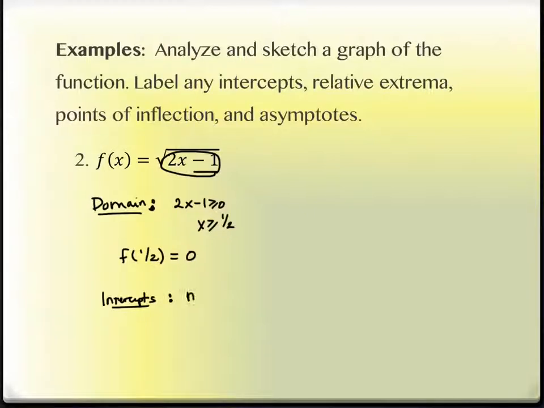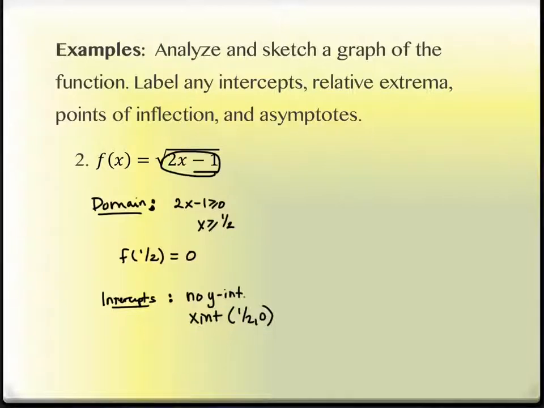There's not a y-intercept because I can't get that far over. 1/2 is where I have to stop. I can't get to 0 on the x-axis, but I have an x-intercept at 1/2, 0.